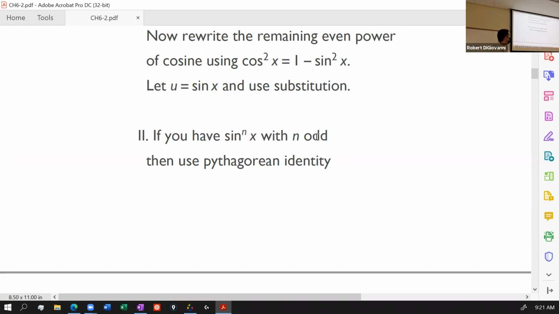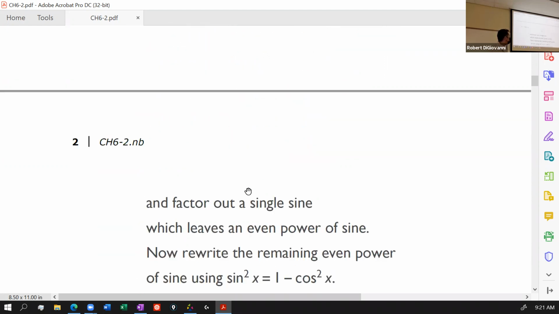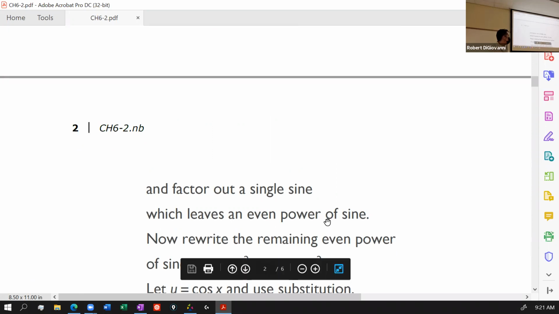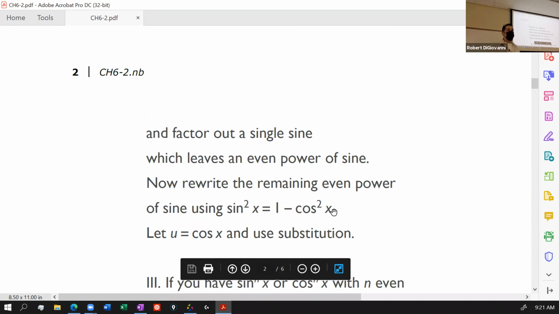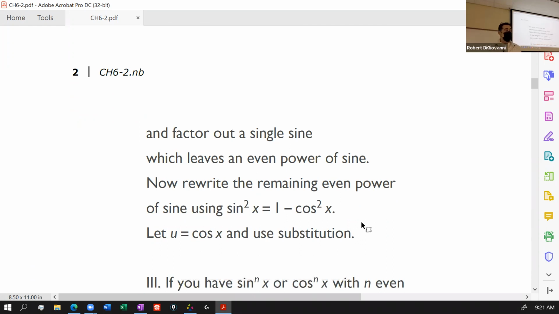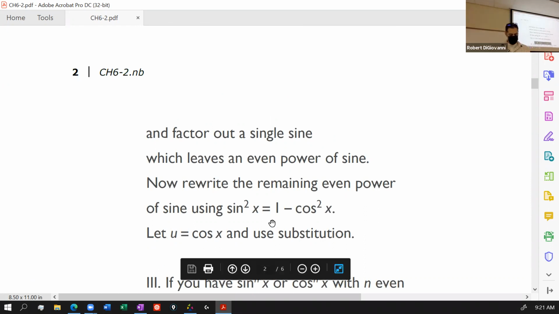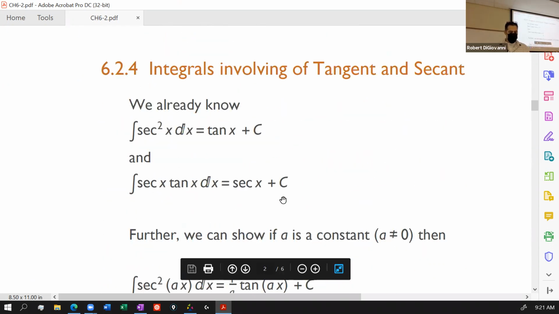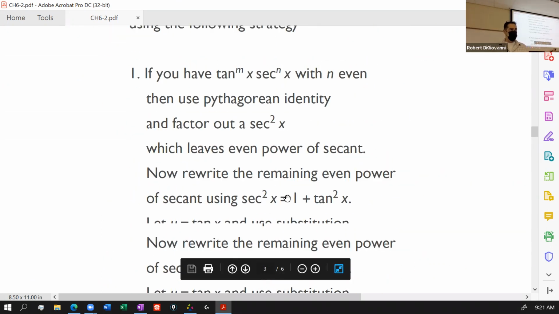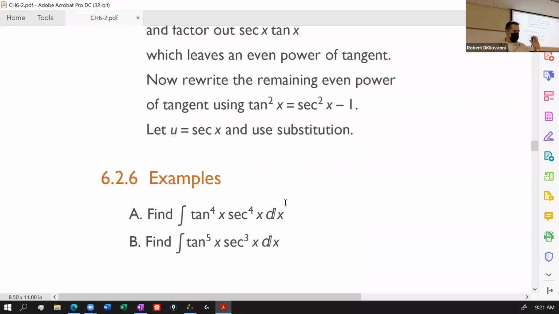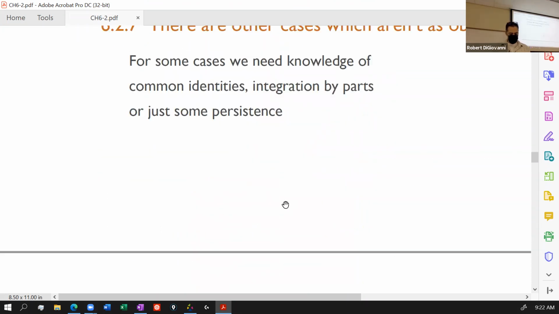We have that. Okay, good. So when we see that, we factor out a single factor of sine, and we use sine squared equals 1 minus cosine squared to rewrite things. So I'm going to be peeling one factor of sine off to the side right now. I wasn't lying when I said you have to be able to do the other stuff to be able to do this, because the problem reduces to what we did last time.